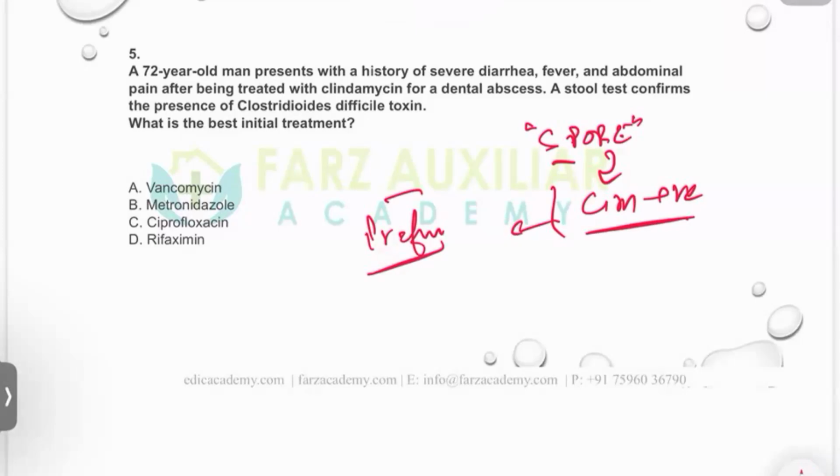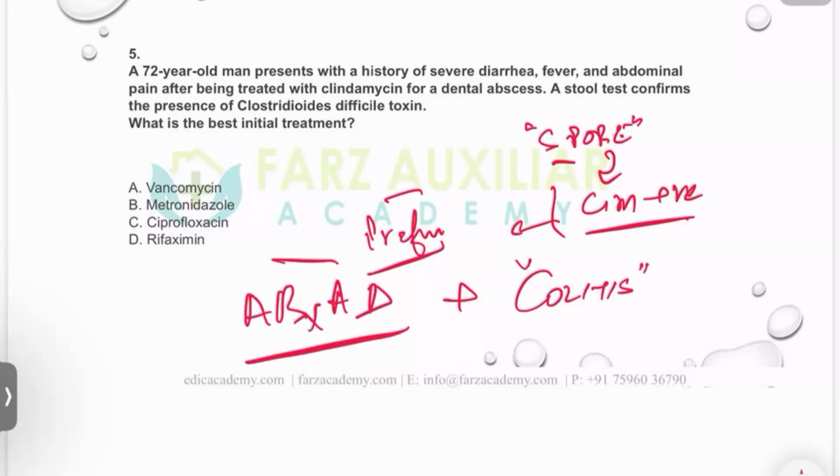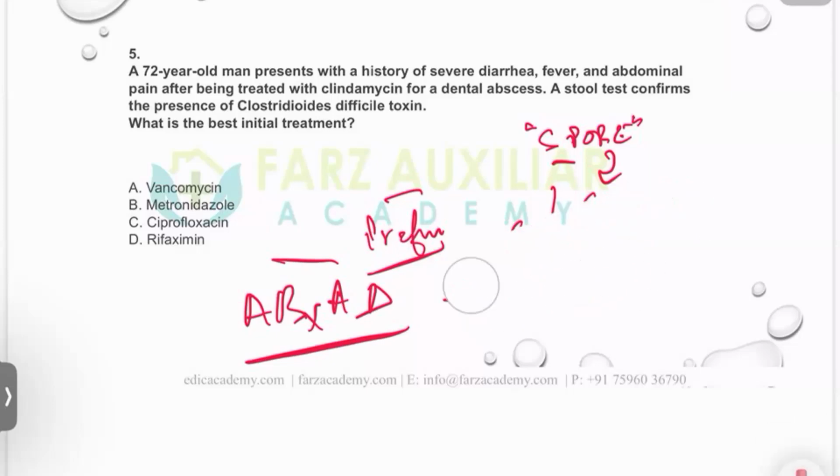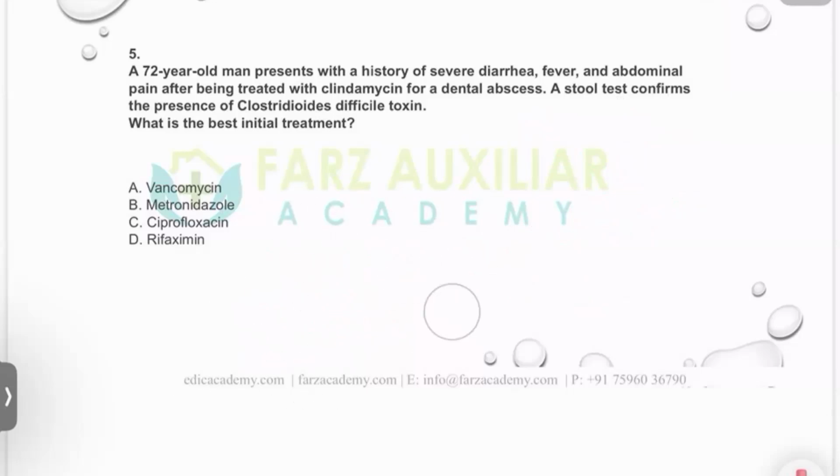So it is a major cause of antibiotic associated diarrhea plus colitis. This is very important. Antibiotic associated diarrhea is something else. Colitis is different. Okay. So what does it produce, how do you diagnose it? Toxin.